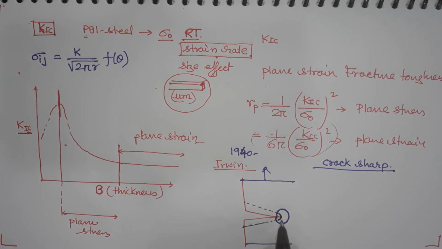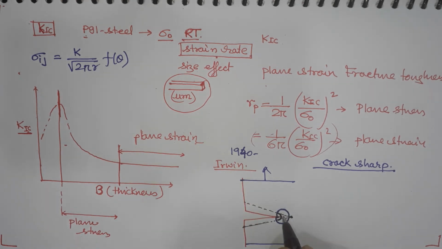This blunting happens because of the plastic deformation. So, what Irwin proposed is that you can extrapolate this crack. Okay. You can imagine that the crack tip has shifted a little bit ahead, and beyond that it is still elastic.